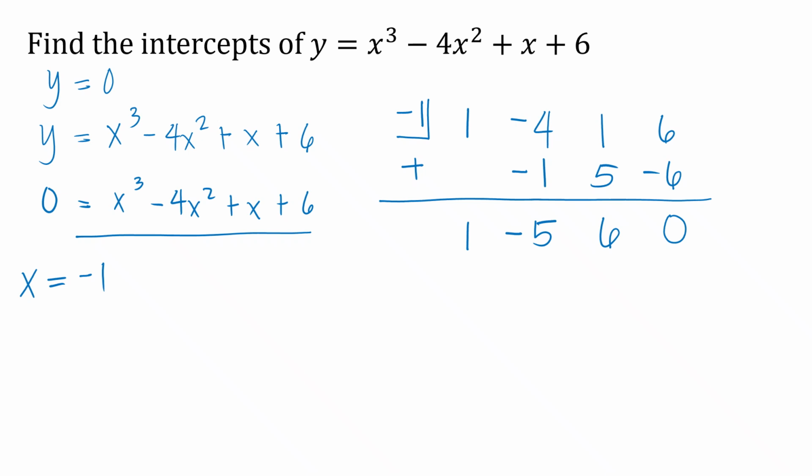So since the remainder of the synthetic division is 0, so therefore negative 1 is a root of the given polynomial equation. So with that, we're going to write the quotient.